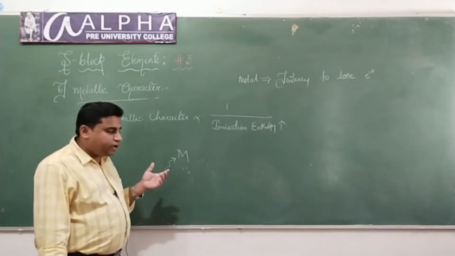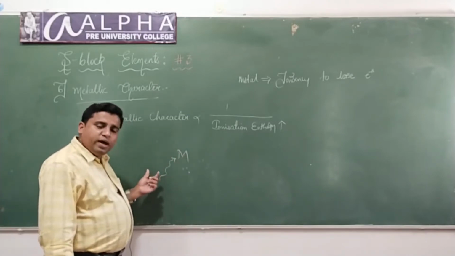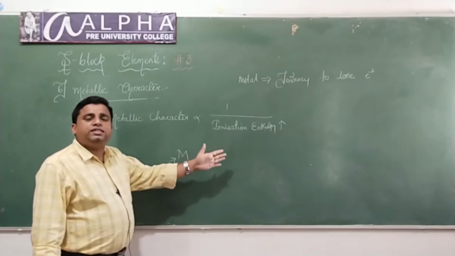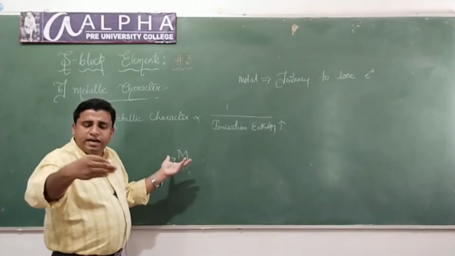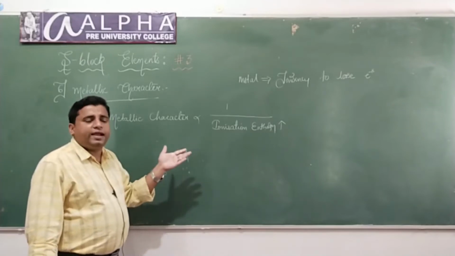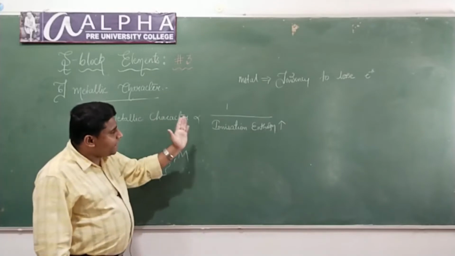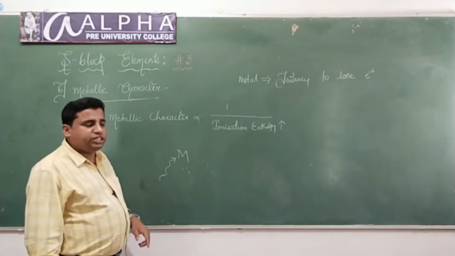If it requires very high energy to lose its electron, it has no tendency to lose it. That is the idea: metallic character is inversely proportional to ionization enthalpy.